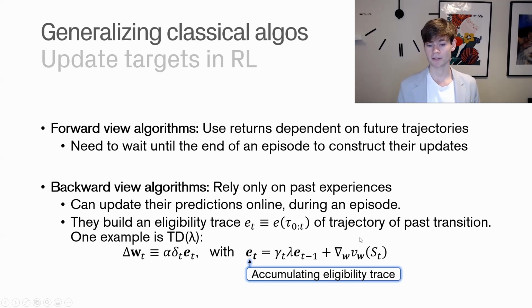It takes the past transitions into account, and to make it more concrete, in TD lambda, for example, the trace is this part here. When we update the parameters, as we saw on the previous slide, that can be written in this form instead, and the trace is this part. It's one part that's recursive, and another that is the gradient of the value function.